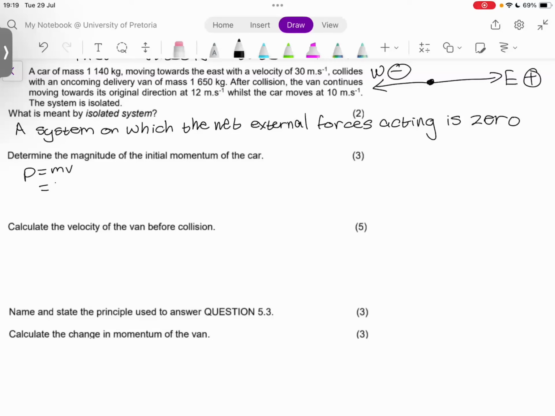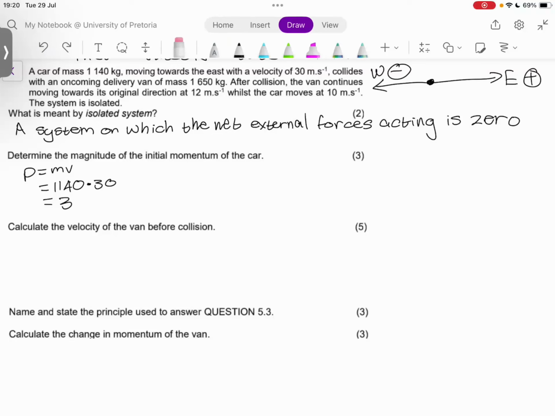That would be 1,140 for the mass, multiplied by 30 meters per second for the velocity. This then gives us a value of 34,200.